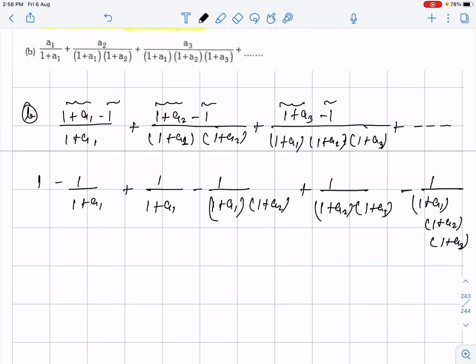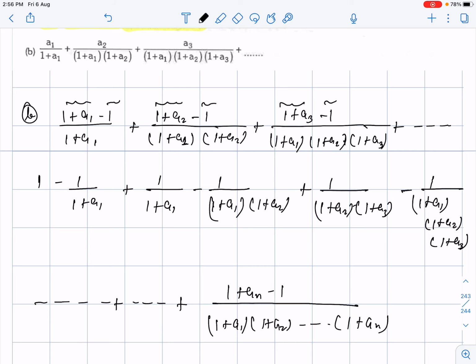And the nth term of this series could be written as: an would be there, so 1 plus an minus 1 divided by 1 plus a1 multiplied by 1 plus a2 goes on up to 1 plus an.